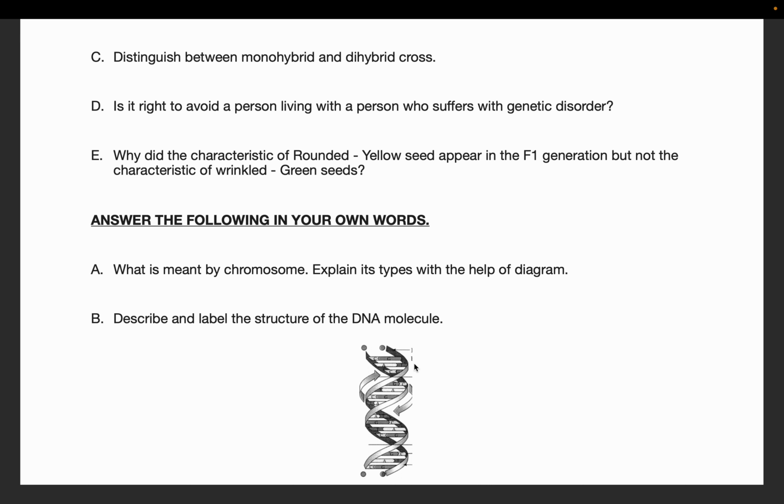Wherever it's mentioned, this one and another one is this one. So you have to mention both of them. You have to label both the parts and describe the structure of a DNA molecule.